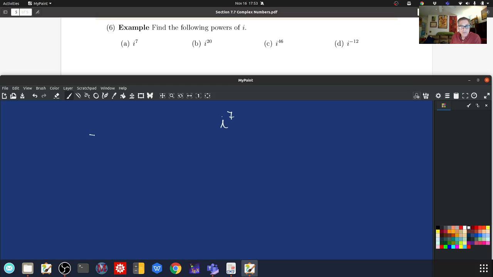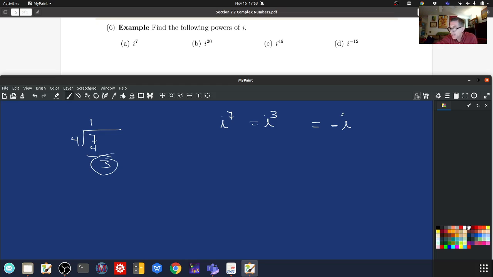So what I do is I divide 7 by 4. Goes 1 time, 4, 3. My remainder is equal to 3. So this is the same as i to the 3rd. And i to the 3rd is equal to minus i.